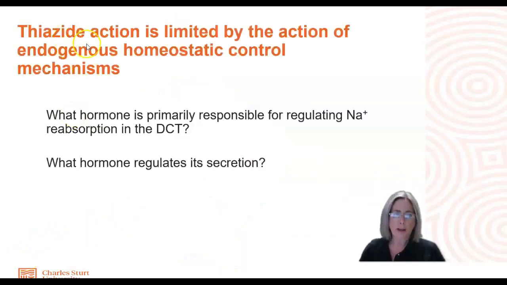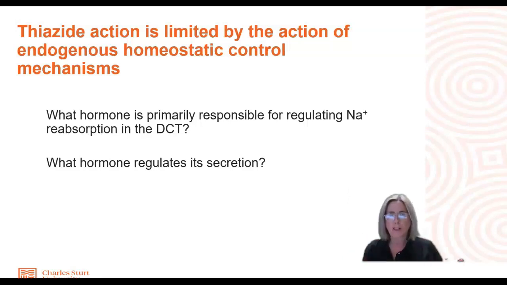So if we just go back here, thiazide action is limited by the action of endogenous homeostatic control mechanisms. If somebody has chronically high blood pressure, the body adapts to that and recognizes that high blood pressure as normal.